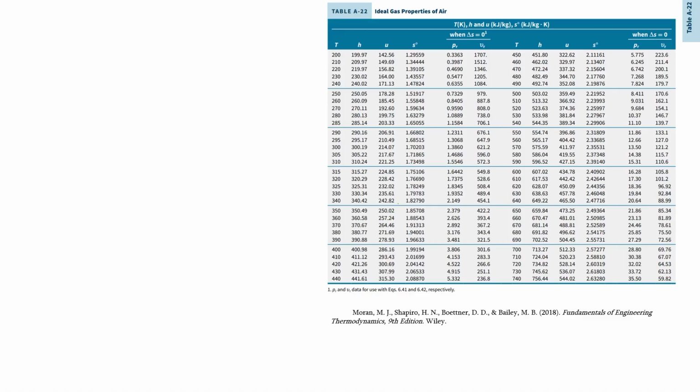But for this, I have H of air, I'm at 40 degrees Celsius. That is 40 degrees plus 273.15 is going to give me 313.15 Kelvin. I have a value for 310 Kelvin right here, a value for 315 Kelvin right here, and I have my H values like so.